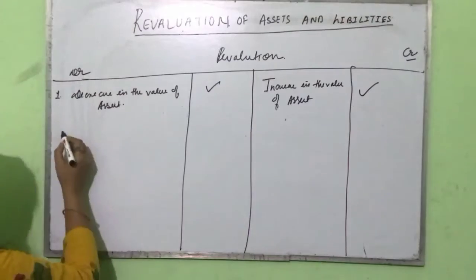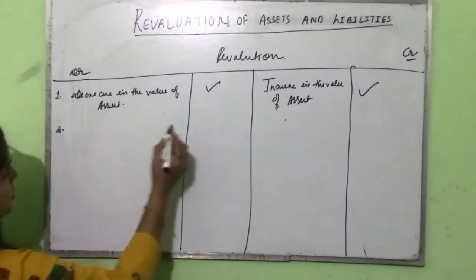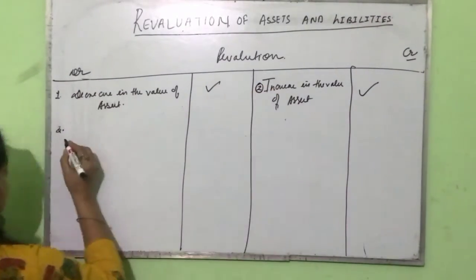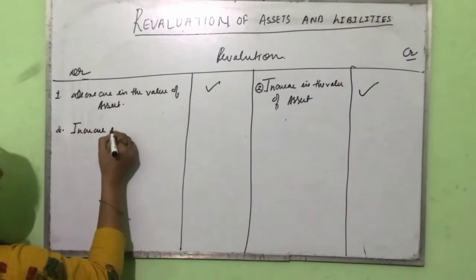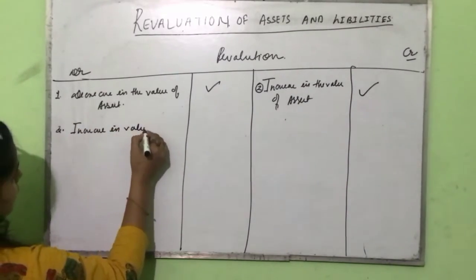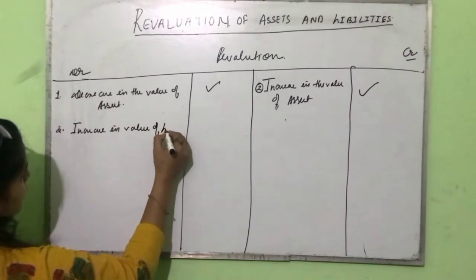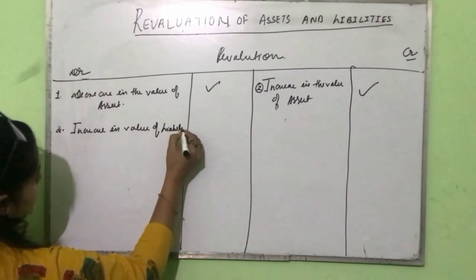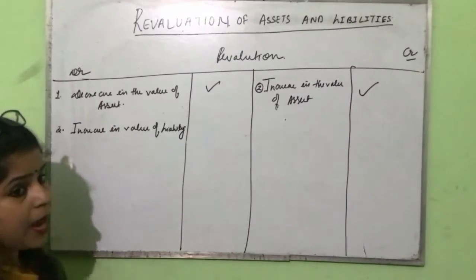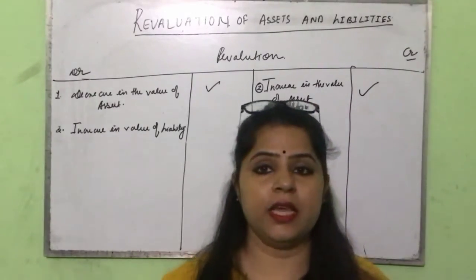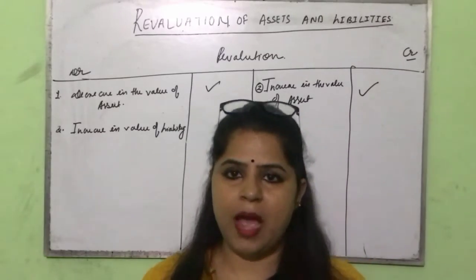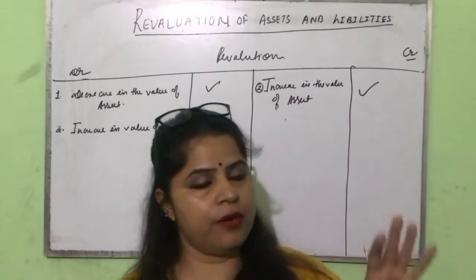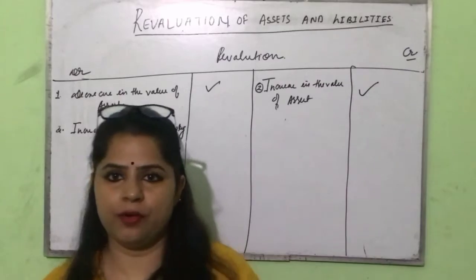Next, this is number 2, this is number 3. Increase in value of liability. If there is an increase in the value of liability, like previous year my outstanding expense is 500 rupees and now it is 600 rupees.